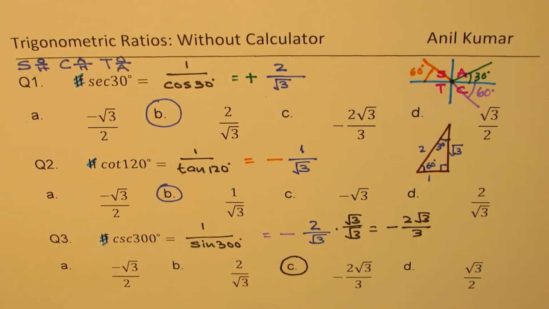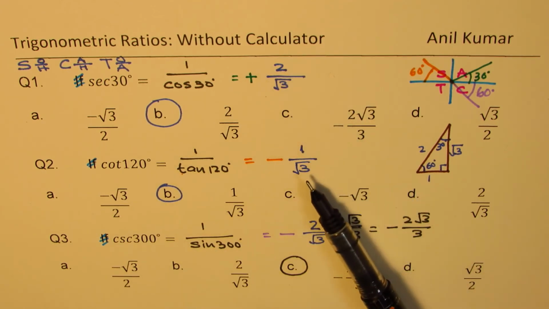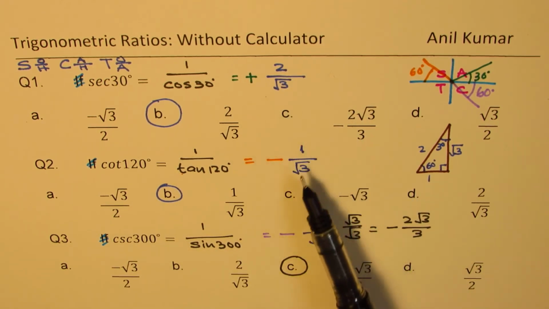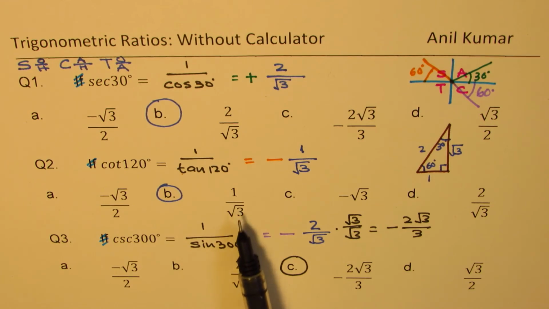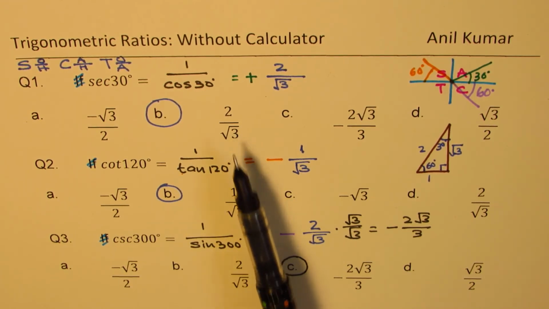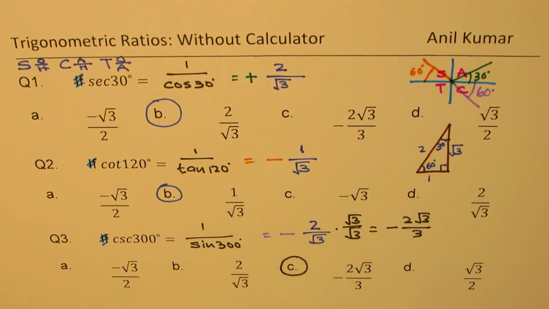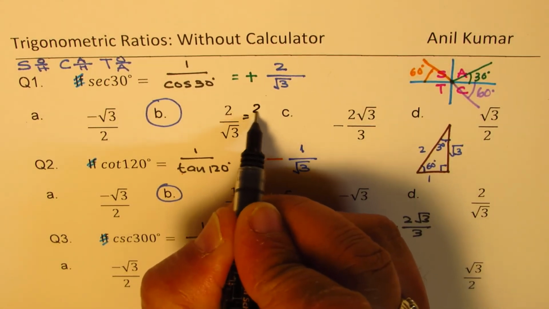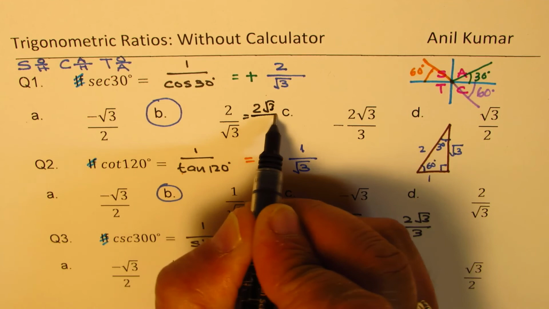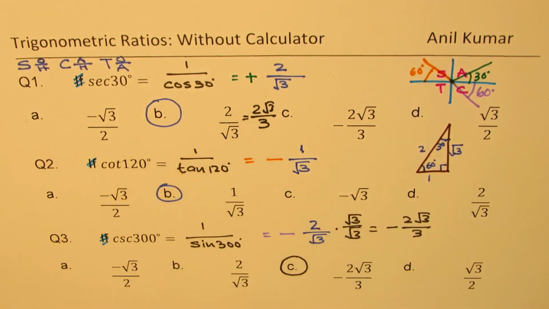A word of caution. In these two examples, we kept square root 3 in the denominator and gave you that option. Normally in the test, this will not be there. It will be rationalized as we did here, and normally we'll write this as 2 square root 3 over 3, okay? So normally we'll write that.